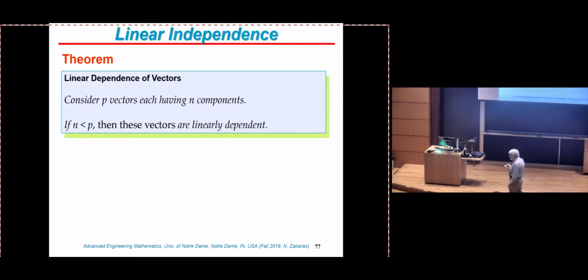Can you tell me if these 4 vectors are linearly independent or dependent? So I work in 3 dimensions, and I'm following here what it says. So I give you 4 vectors, p equal to 4, n equal to 3. So in 3 dimensions, if you have 4 vectors, can they be independent?